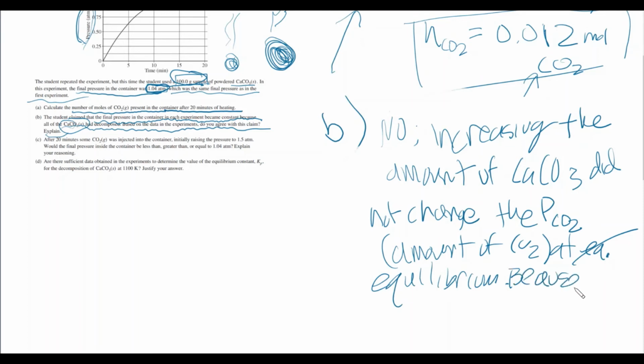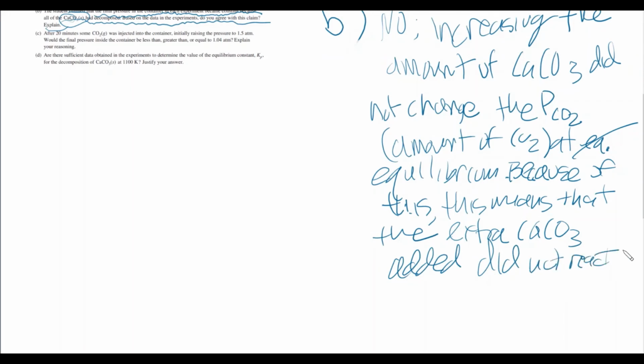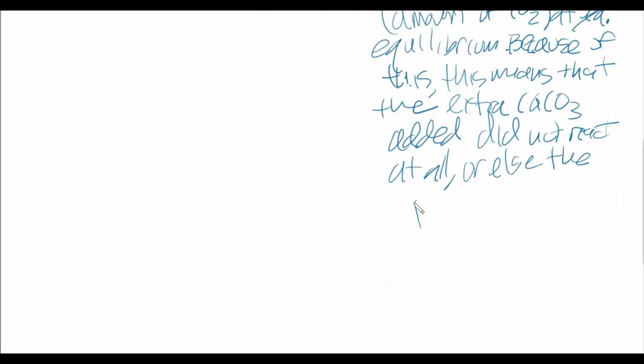Because of this, so let me write that C. Because of this, this means that the extra CaCO3 added did not react at all, or else the partial pressure of CO2 would be much larger.